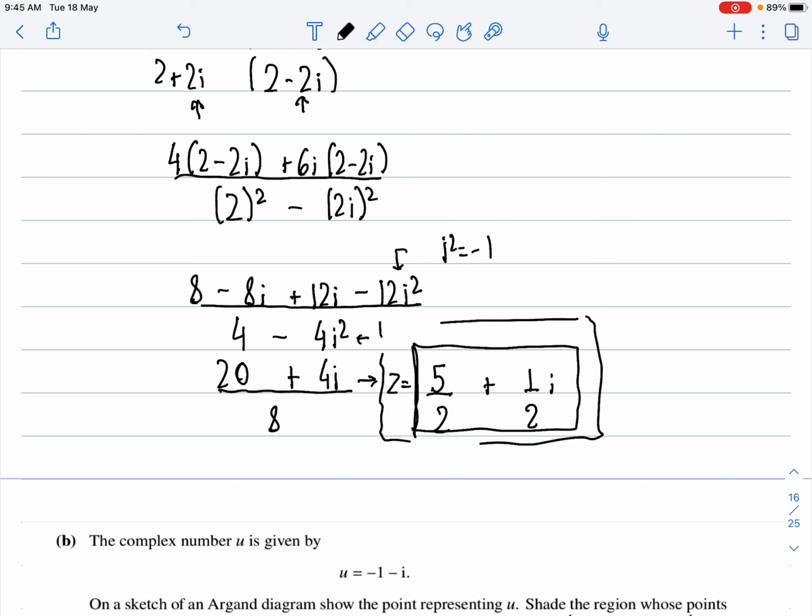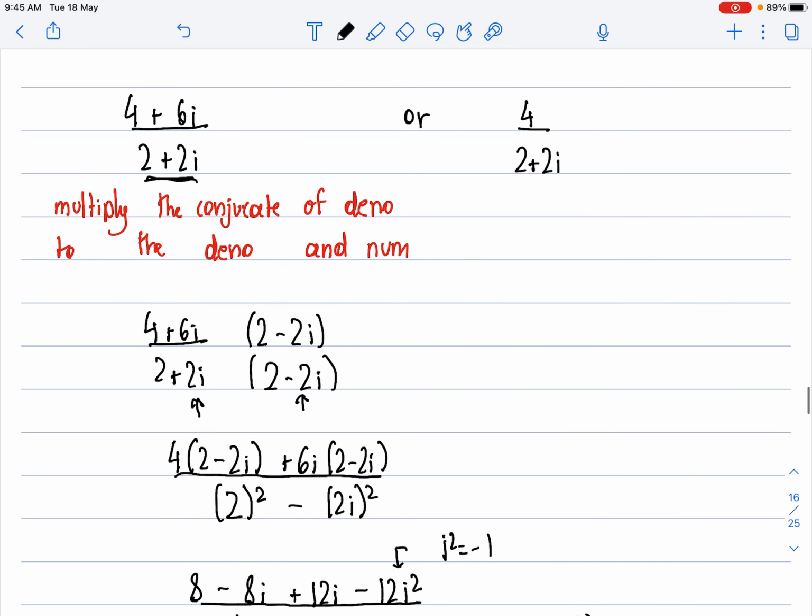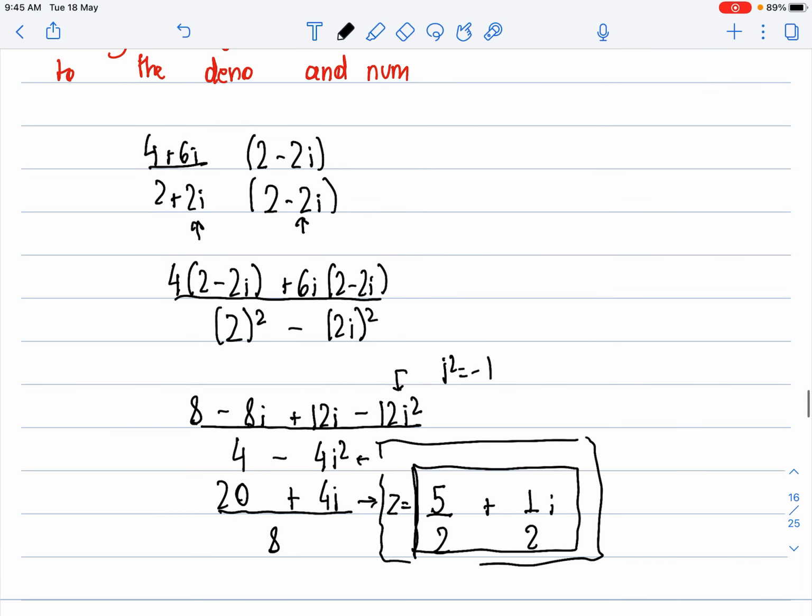Got it? Now, the second value. Say I do the same thing. Write 2 minus 2i here, 2 minus 2i here. Correct? We know the denominator here will simply give me 8. Correct? This is what we did.